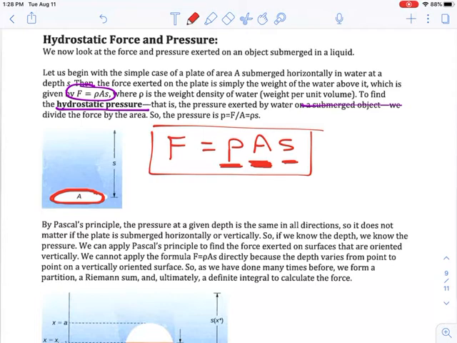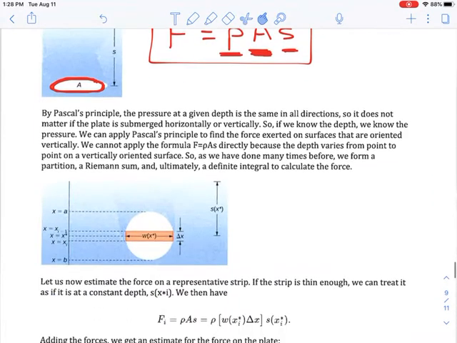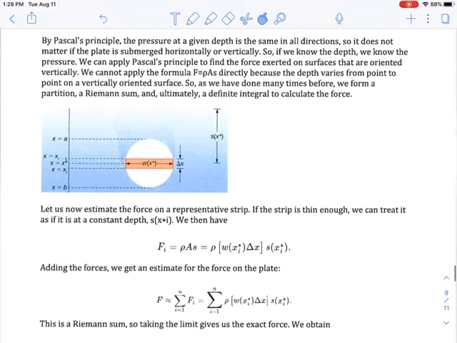But what happens if that plate is standing up vertically in the water? Now that we have the plate vertically like this, every point on that circular plate has a different amount of force being exerted on it because it's at a different depth. The depth is changing.